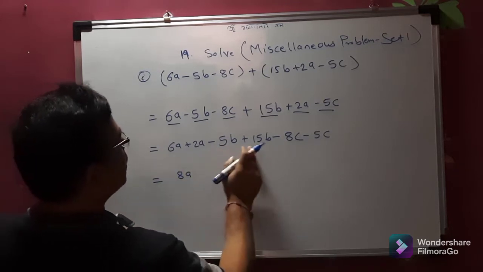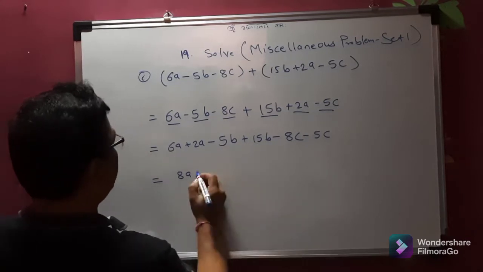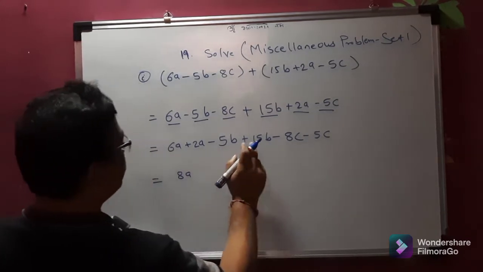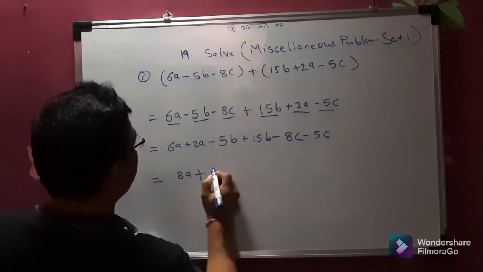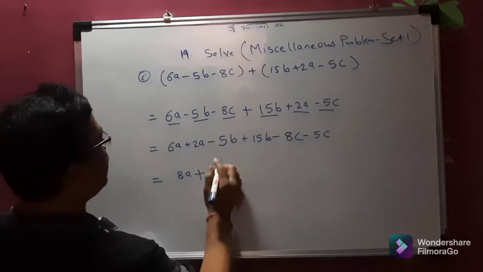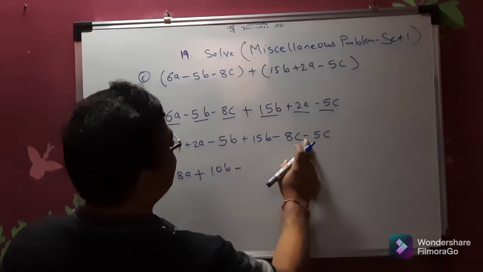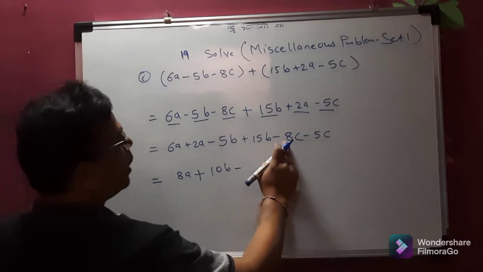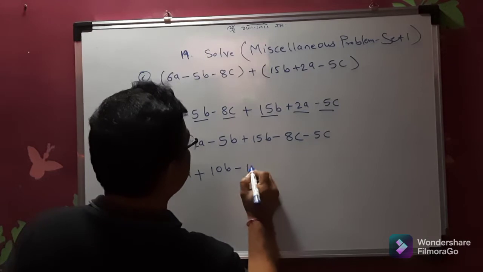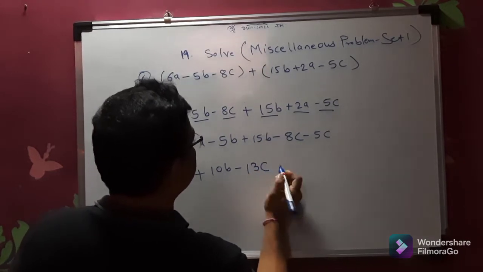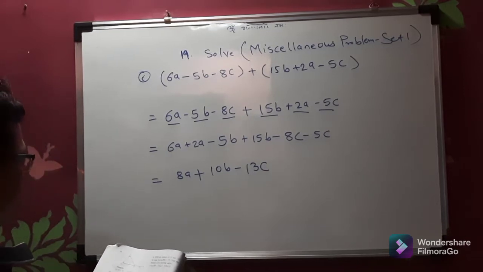Here minus 5b plus 15b means we have to do the subtraction and put the sign of the bigger number, that is 15. So 15 minus 5 is 10b. Similarly, this minus minus we have to add. 8 plus 5 is 13c. This is problem number 1.